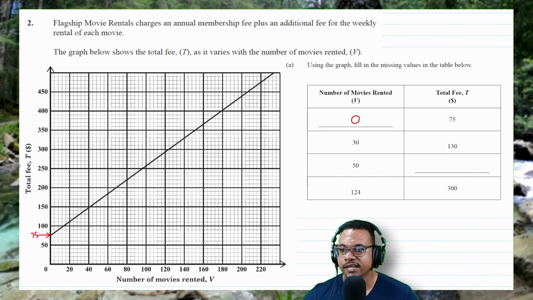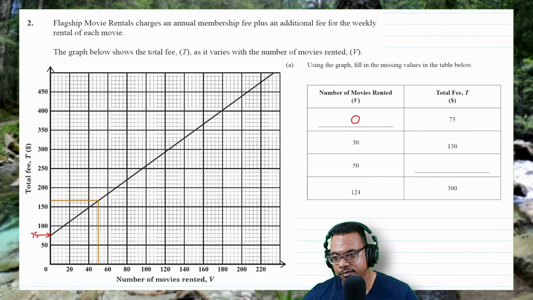So if we want to get 50, we come here now: 40, 44, 48, and this next block here is 52. So 50 will be in the middle. So I'm going to draw a line up here, because here will be 50. Then it will touch and go across to here, in the middle as well.